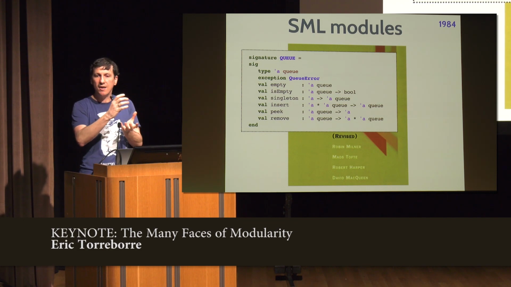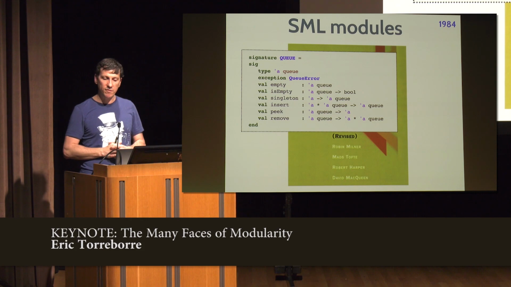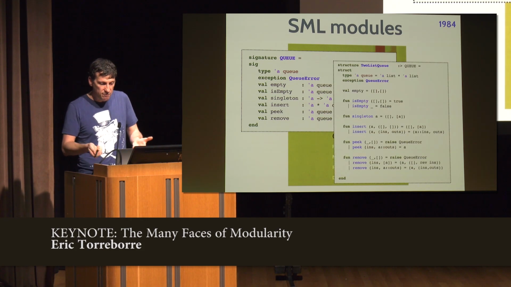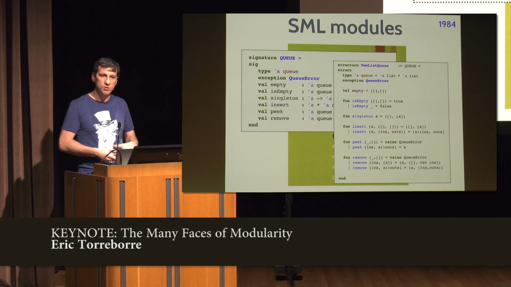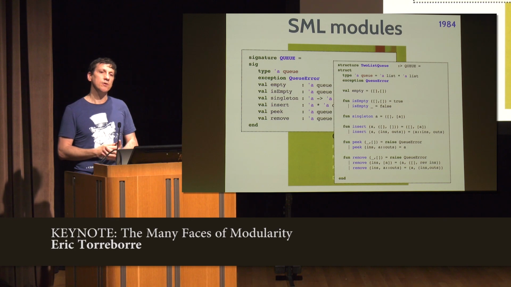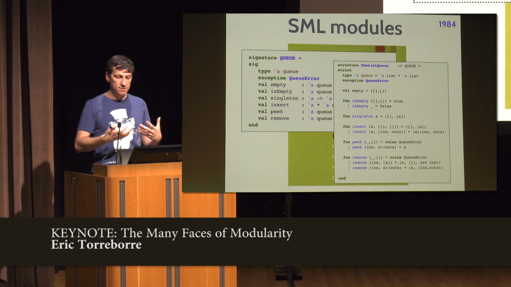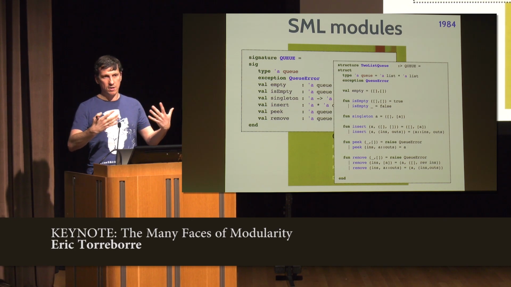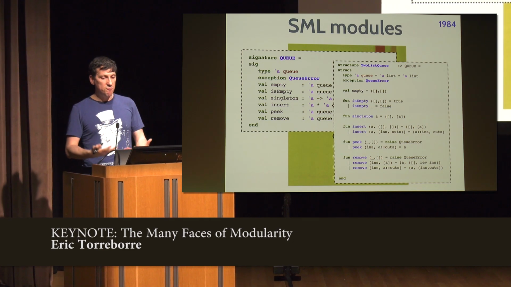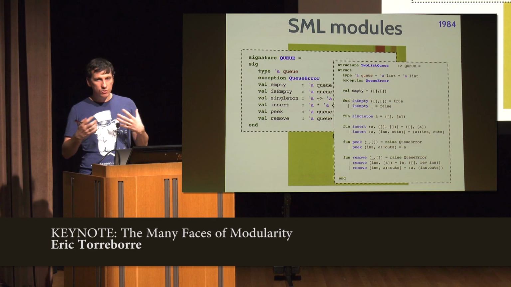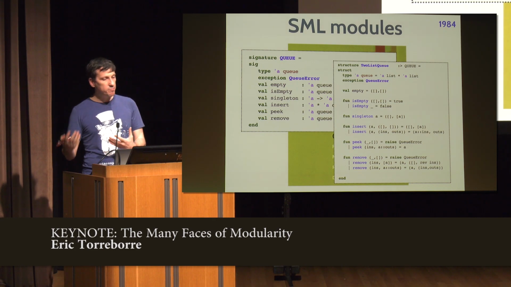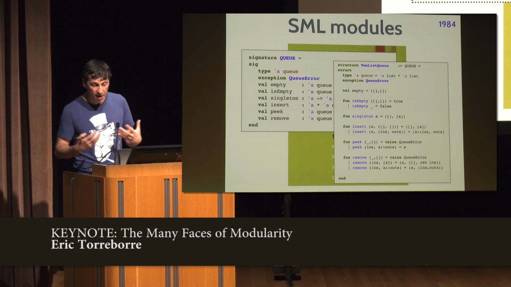You globally declare that this thing can throw this type of exception. And then you can have implementations where you specify the implementation of all the methods, you are more concrete with the types, how you implement your queue, and so on. So this, and also the fact that you can parameterize modules with other modules, already gave people lots and lots of ways to structure large programs and to depend on interfaces and not depend on implementation and have stable systems.